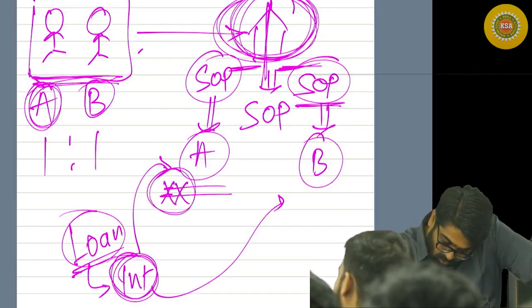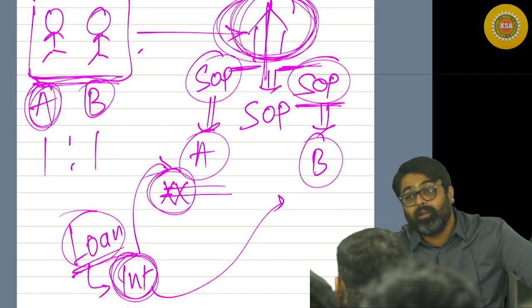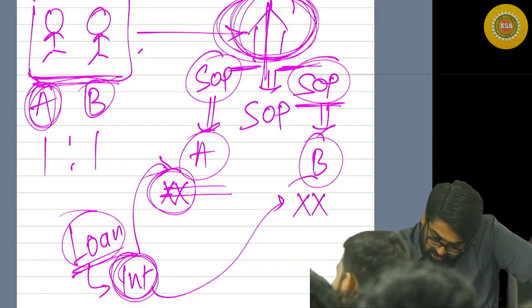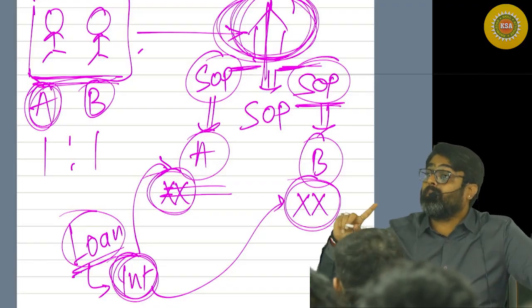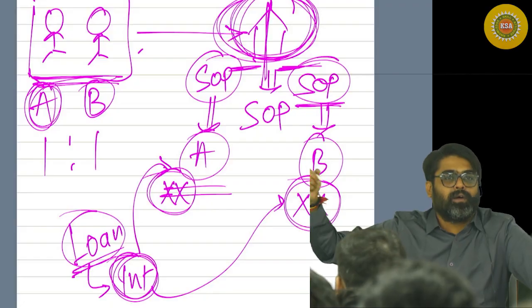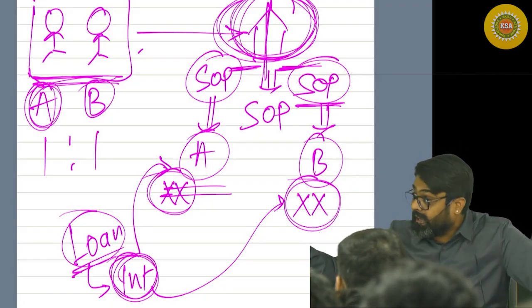Interest relating to A's SOP, A will claim subject to his limit of 30,000 or 2 lakh. Interest which relates to B's SOP will be claimed by B subject to his own limit of 30,000 or 2 lakh. Please don't commit a mistake over here.